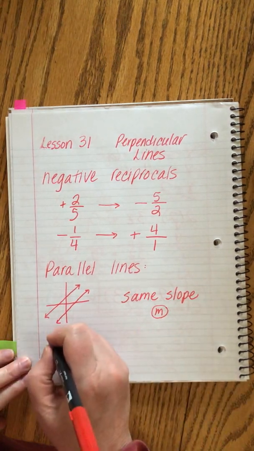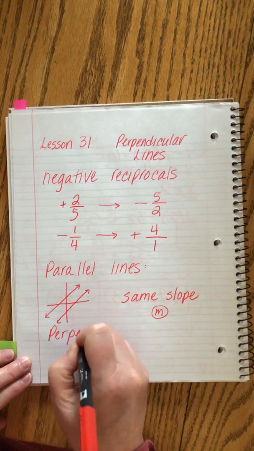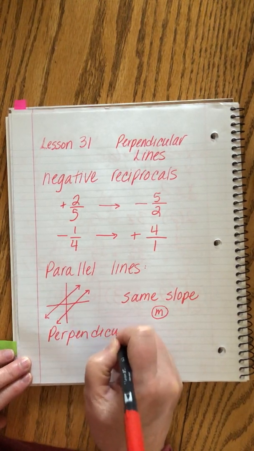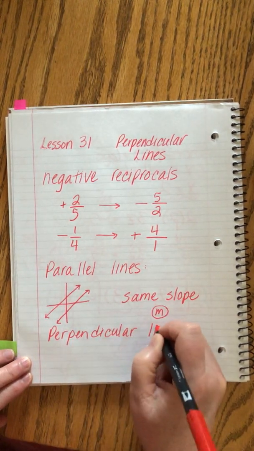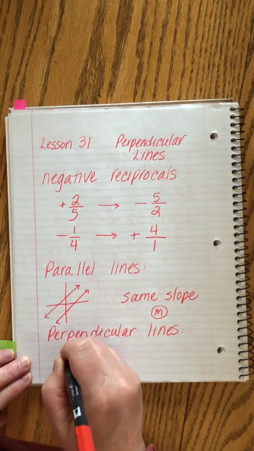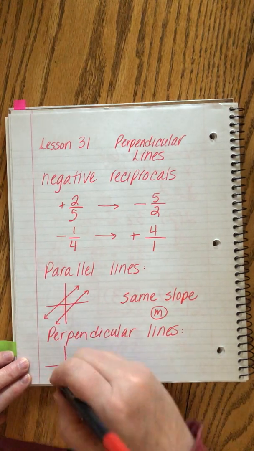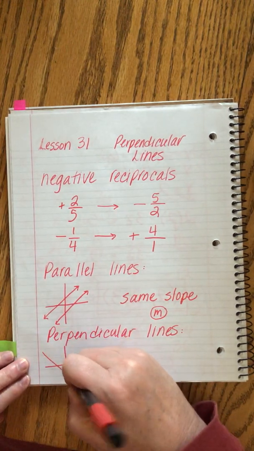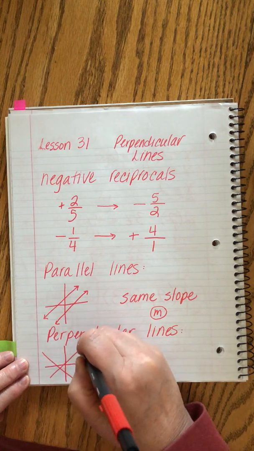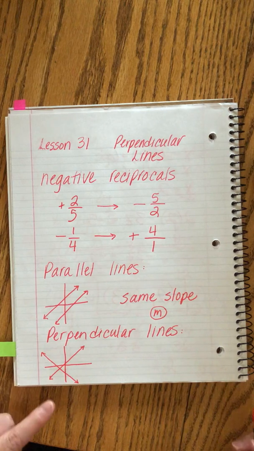Okay, now we're gonna compare that to perpendicular lines. Perpendicular lines form right angles to each other. So if we have our Cartesian coordinate system, they would do something more like this and this. I'll put arrowheads on it so you can tell which ones are the graph and which ones are the actual line.